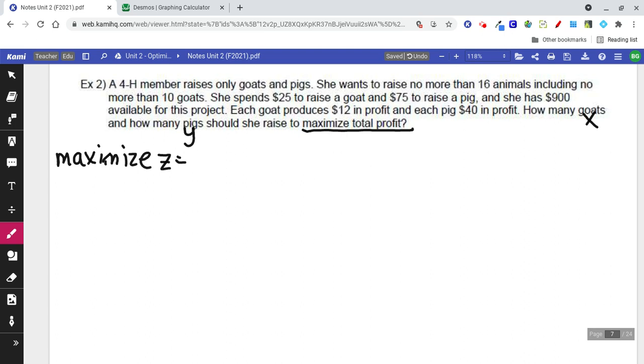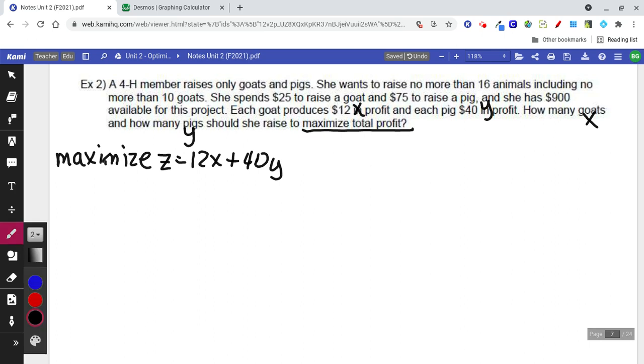So don't just look for dollar signs. You might get tricked. The $25 is not talking about profit. The $12 is. So each goat produces $12 in profit, and pigs are $40 in profit. That means 12x plus 40y. That's my objective function, talking about maximizing profit.